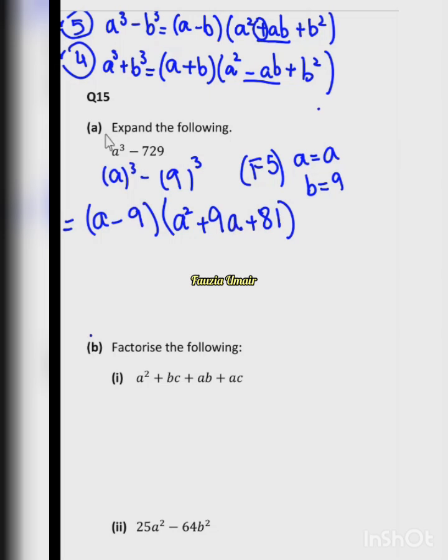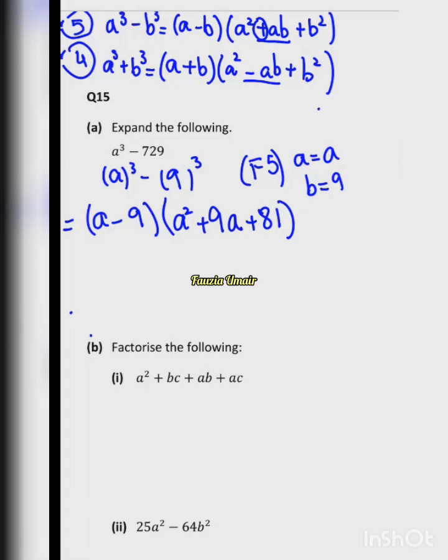Expand is the reverse operation of factorization. Expand means that you are making this expression a bigger expression. It was a simple expression, a cube minus 729, and you have changed it into this bigger expression in the expanded form, a minus 9 into a square plus 9a plus 81. All right.